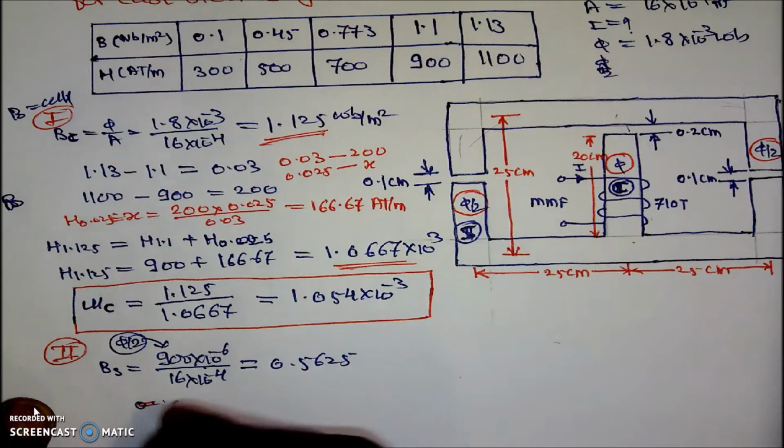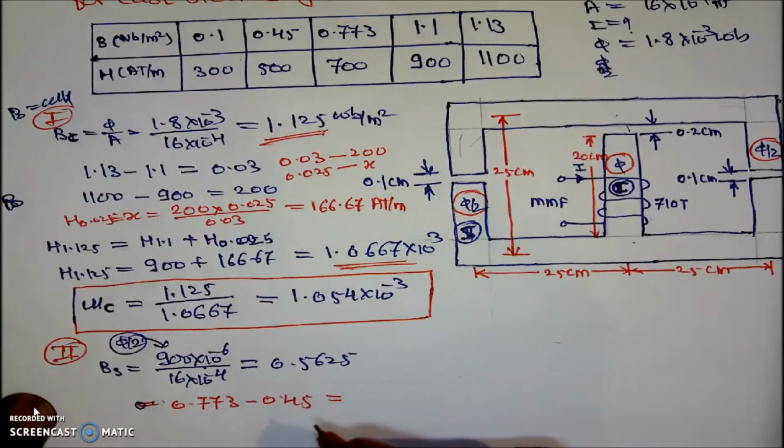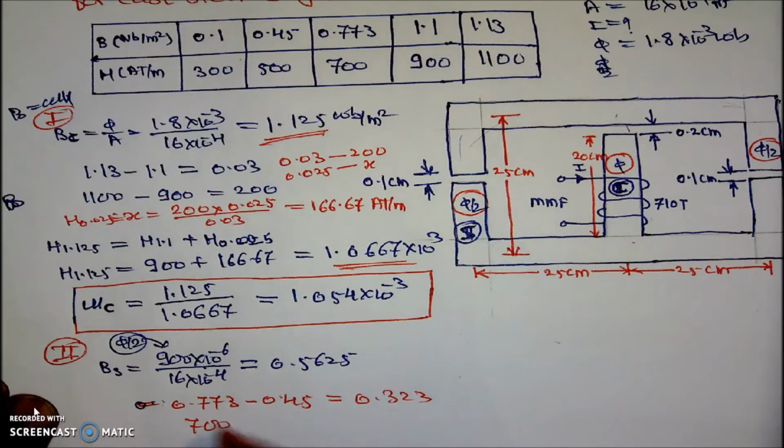This is 0.773 minus 0.45, and the difference is 0.323. And here the difference of 700 minus 500 is found to be 200.